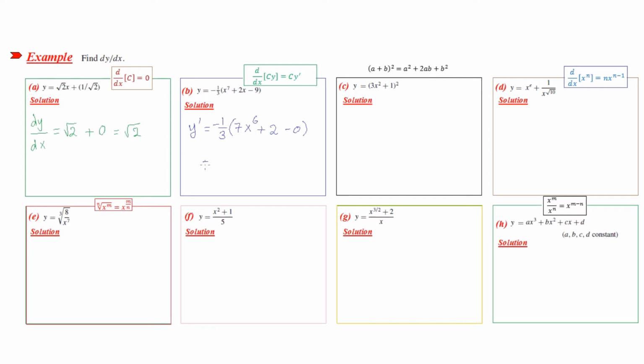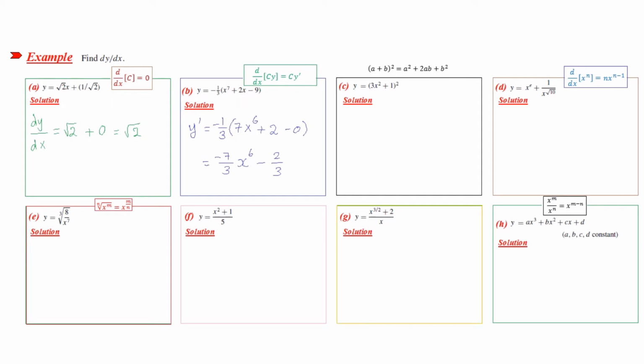And you can multiply minus 1 over 3 by the terms inside the bracket, and you will get minus 7 over 3 x to the power 6 minus 2 over 3.